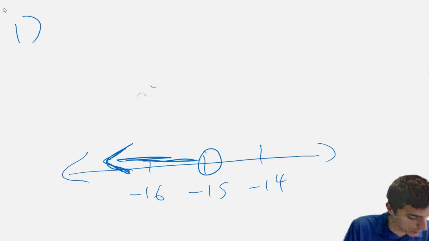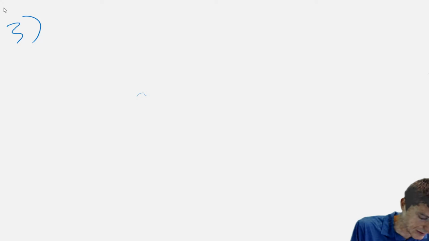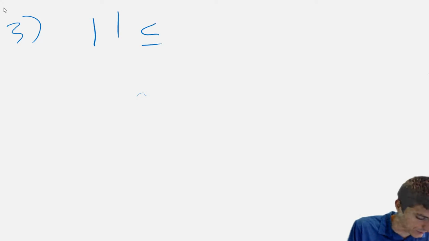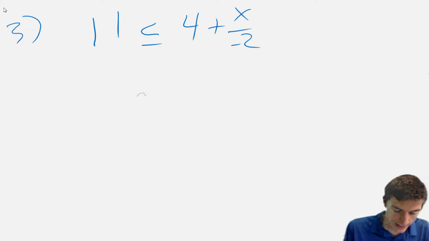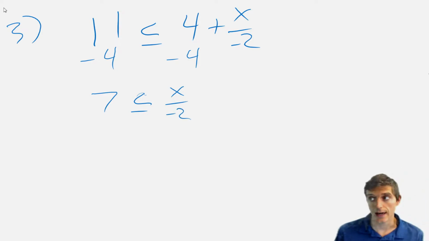Number 2 is a very similar problem, but I want to go to number 3, which gets into some of the issues that can happen. So I have 11 is less than or equal to 4 plus x divided by -2. It starts off easy enough. I subtract 4 from each side and I get this. Now here's where the issue comes in.